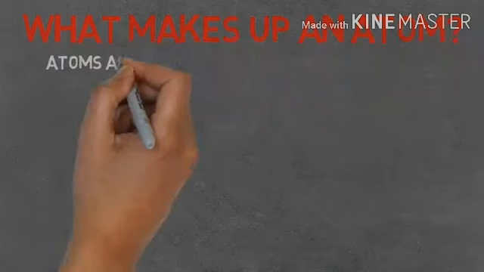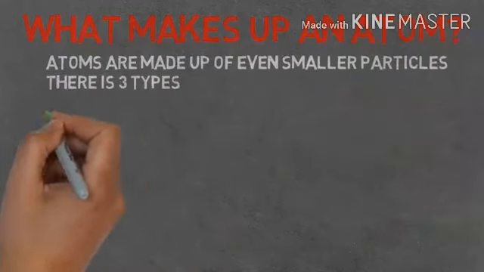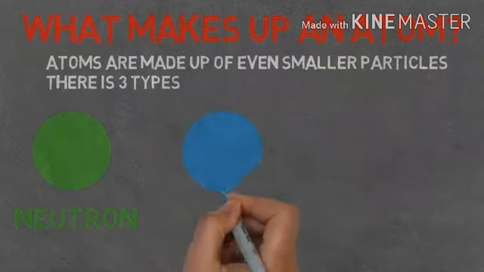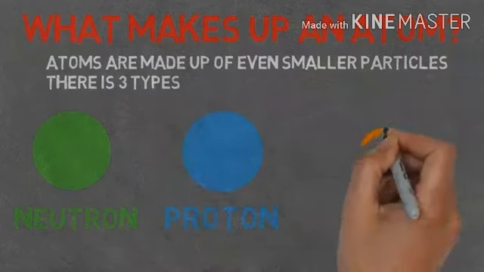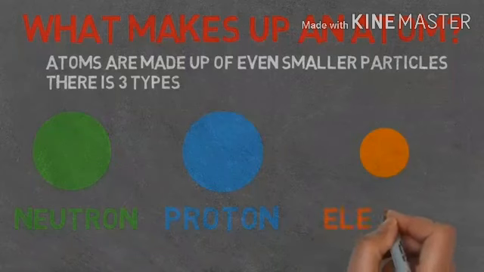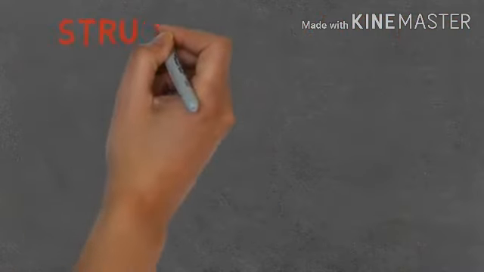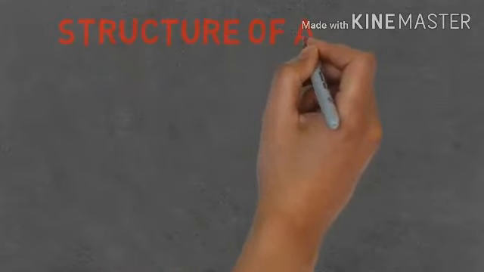What makes up an atom? Atoms are made up of even smaller particles. We call them subatomic particles. There are mainly three subatomic particles: neutron, electron and proton. What is the structure of an atom?